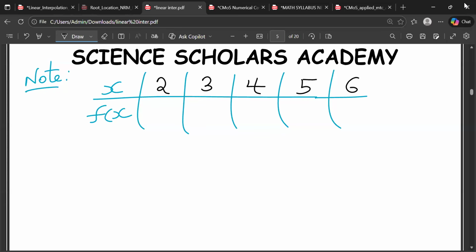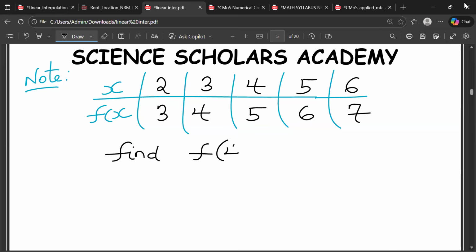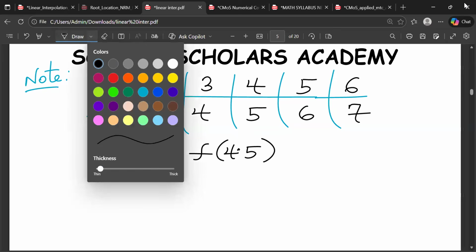This is what will make you understand. Then these ones are 3, 4, 5, 6, and 7. Then they tell you to find f of 4.5.